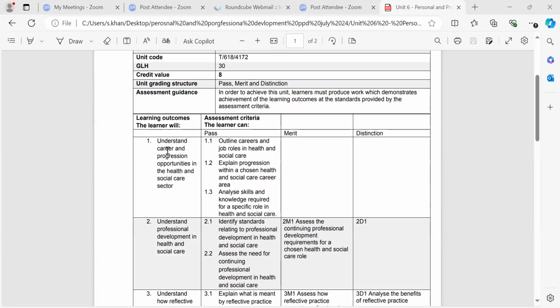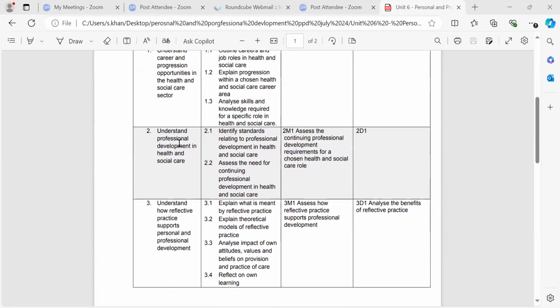So the first learning outcome is to understand career and progression opportunities in health and social care. And that's looking at how you can progress. So if you come in as a supervisor, how you could progress to a manager, how you could progress your roles and your careers within the social care sector. Then your second learning outcome is to understand professional development in health and social care.